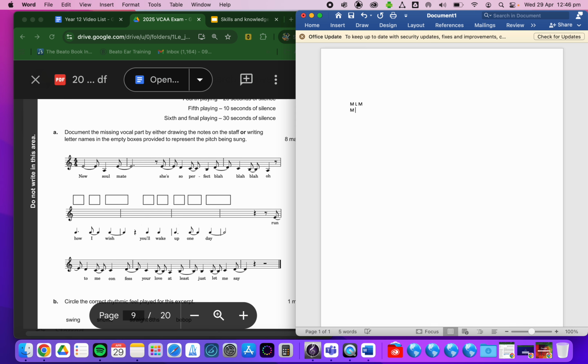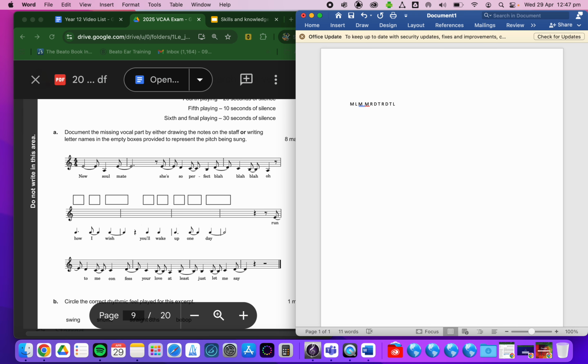Mi, re, do, sorry. Mi, re, do, ti, re. Do, ti, la. That's the top line. Actually, I'll leave it all on the top line. We'll do it in lines. There you go. Then you have to basically do the whole second line.